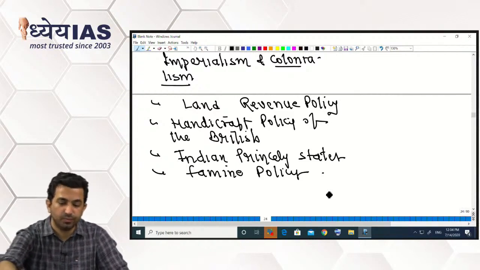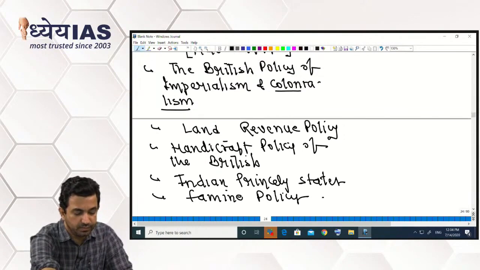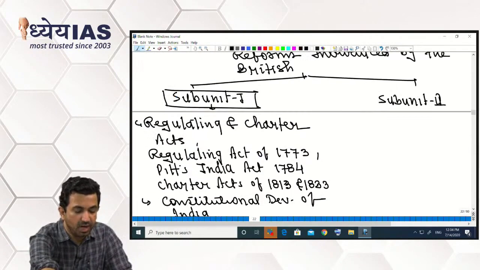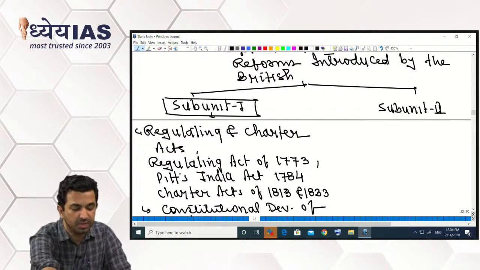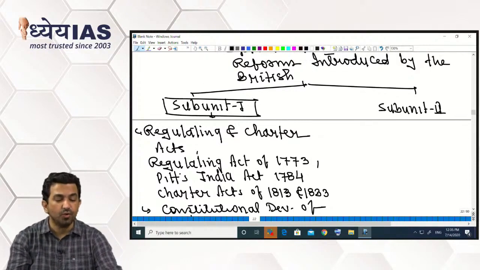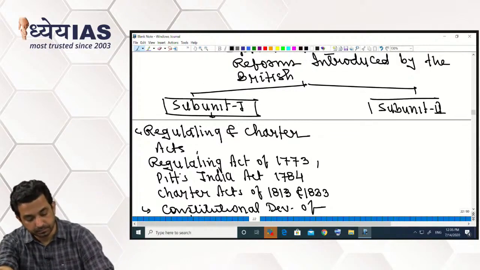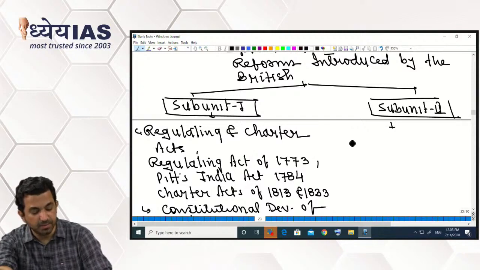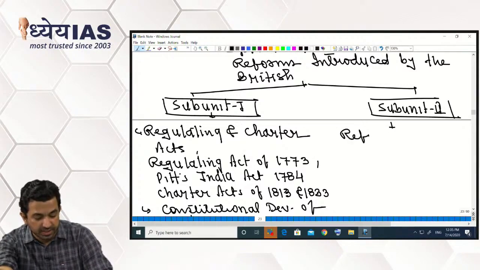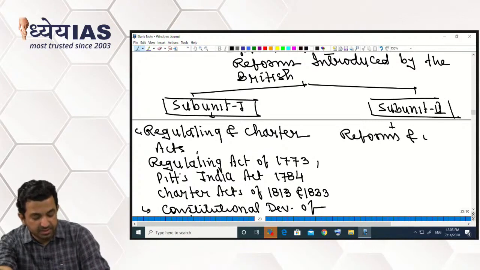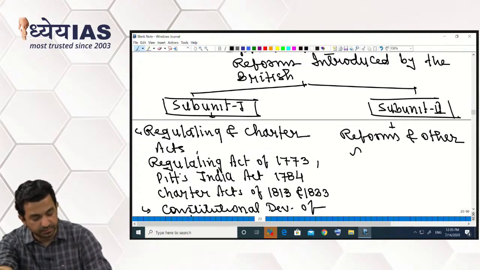So Indian princely states and famine policy, and subunit 2, which includes reforms and other steps.